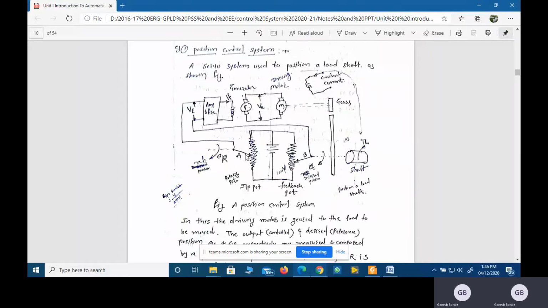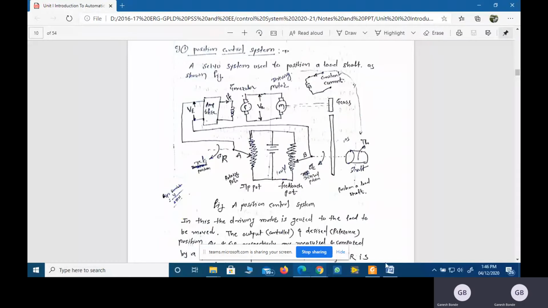As soon as the theta r position is changed, there is a difference between theta r and theta c. According to the difference theta r minus theta c, we get the error voltage E. The error voltage is amplified, the motor drives the shaft, and the shaft achieves the new position. In this way, this example works in general.